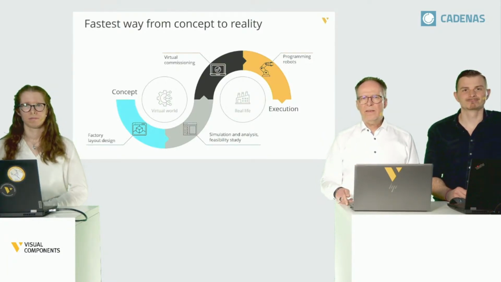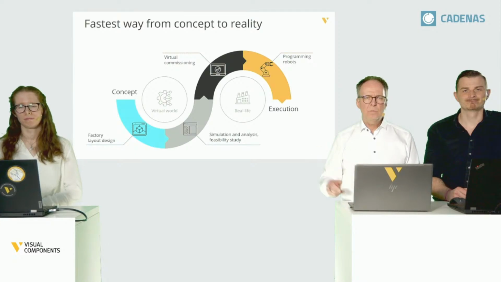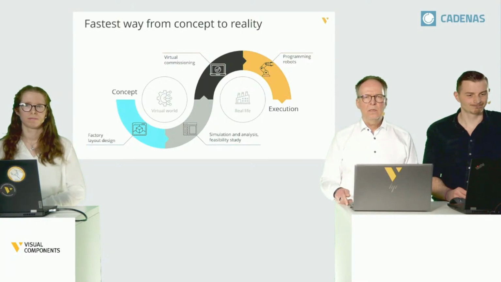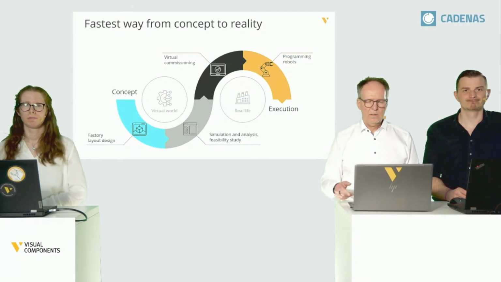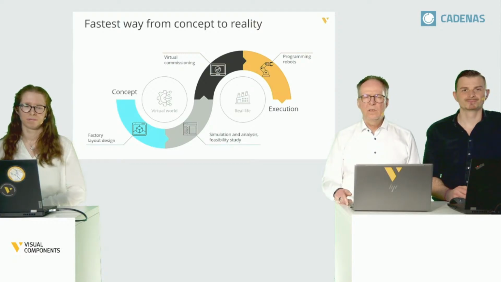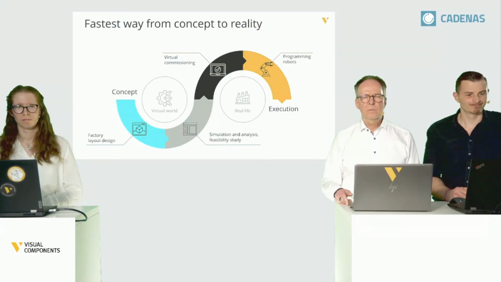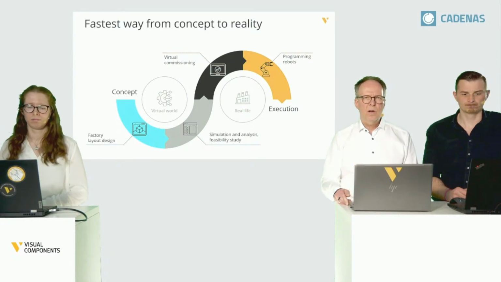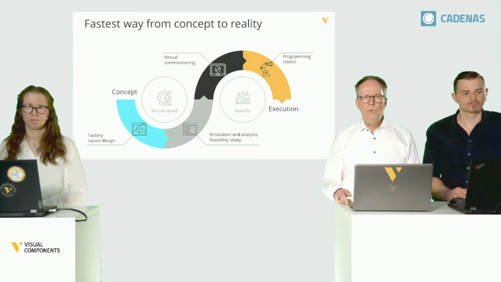And after that, we step into the engineering department, project department, where we bring in more analysis and KPI things into the simulation in the virtual world. And after that, the next step is mostly that we are going into the virtual commissioning part, which we can also solve with our solution.